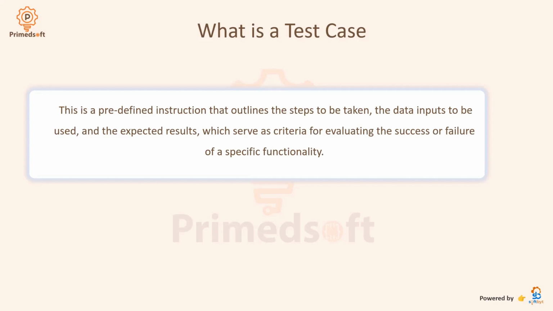You can also have another invalid scenario, which is using the wrong username and entering the wrong password to see if you'll be able to log in. You can also do another invalid scenario, which is trying to see if you can log in without even entering anything.